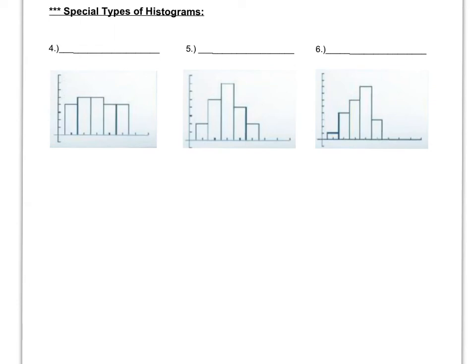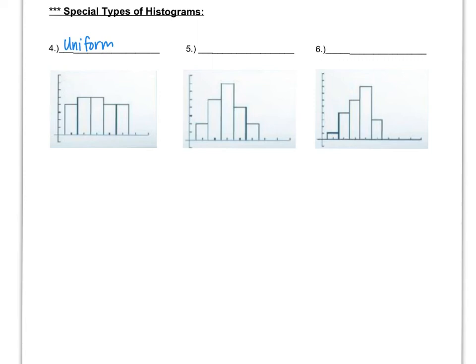The first one on the left: we see that all of the bars are very similar in their height. They're not all exactly the same height, but they're all very close. When all the bars are very close to being the same height, we say that pattern is uniform. Uniform, all being the same. If everyone wears a uniform, they all look the same. So that's the name for that one.